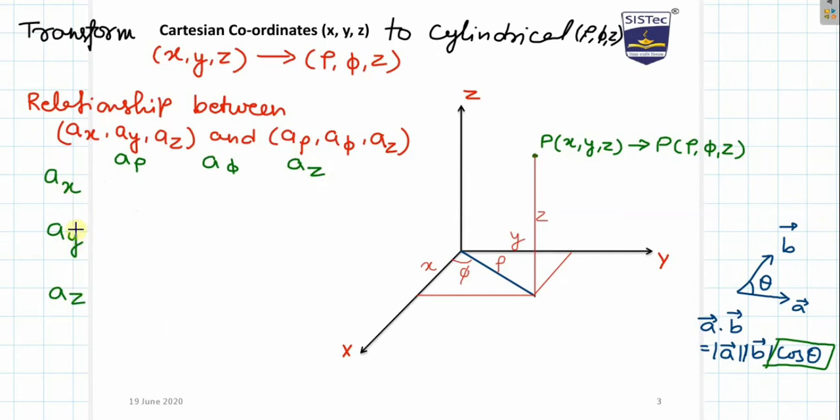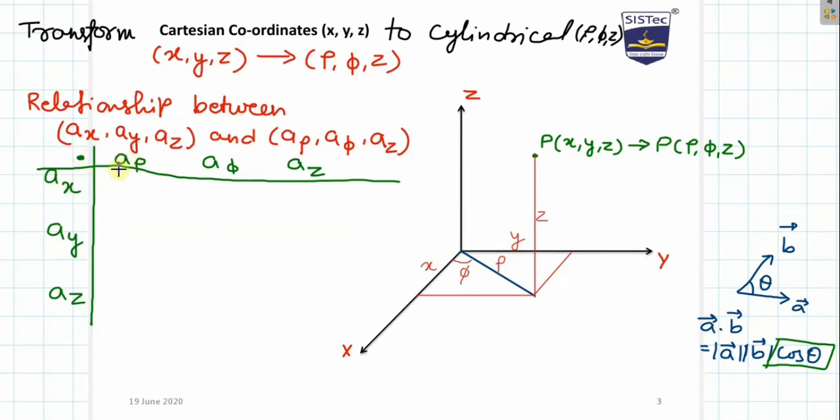This is your ax, ay, az, the unit vectors in the Cartesian system, and a rho, a phi, az are the unit vectors in the cylindrical system. And here it is the dot product.